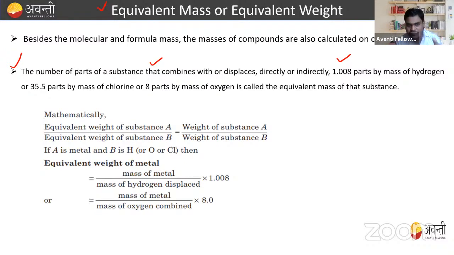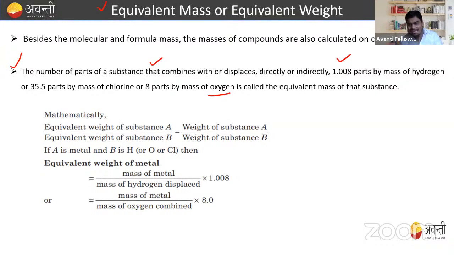The number of parts of a substance that combine with or displace, directly or indirectly, 1.008 parts by mass of hydrogen, or 35.5 parts by mass of chlorine, or 8 parts by mass of oxygen, is called the equivalent mass of that substance.